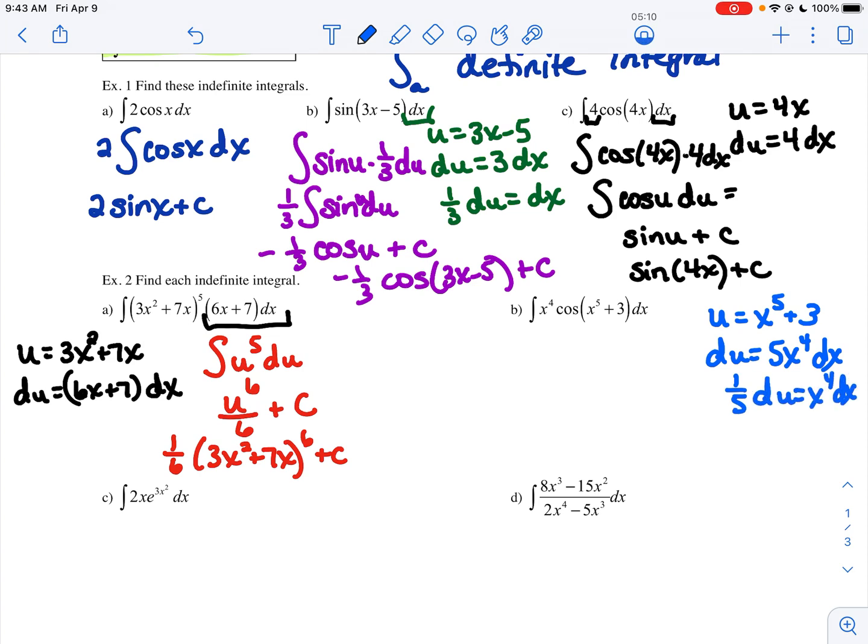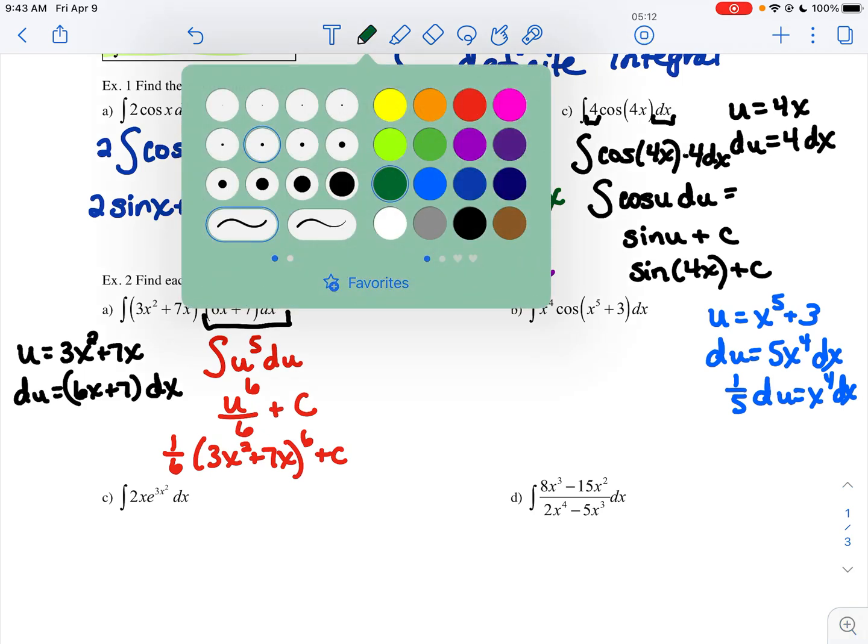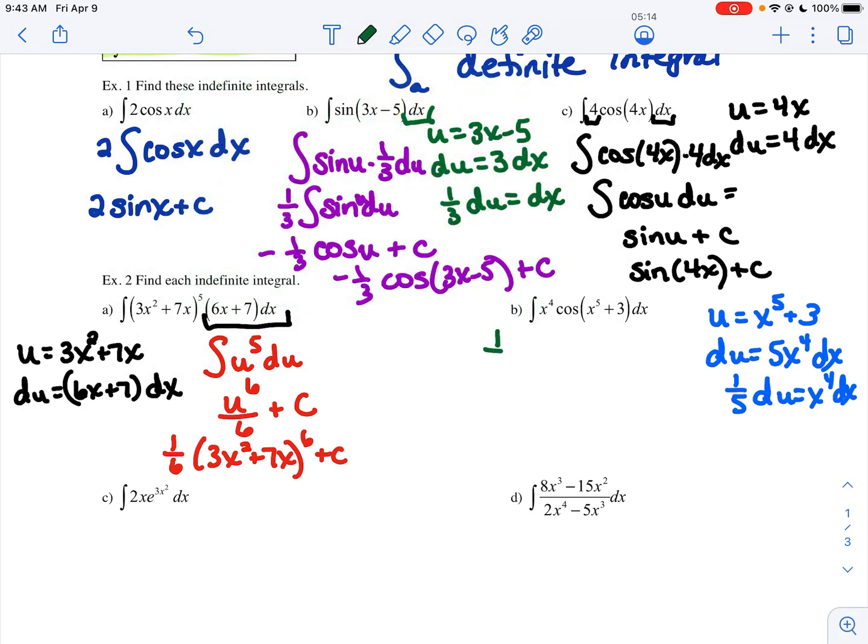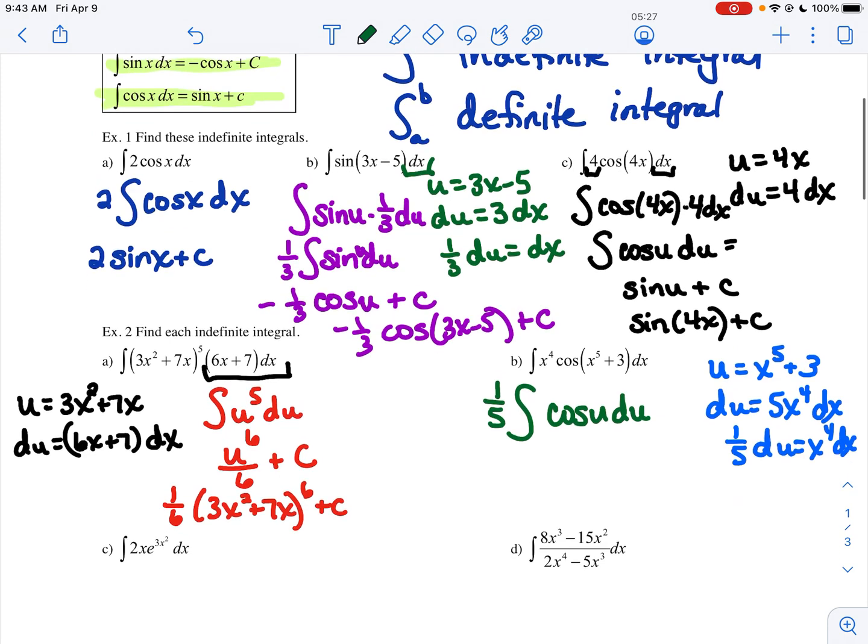So then I'm going to put my 1/5, the integral, cosine u du. So I'm going to integrate the cosine. The integral of cosine is sine. And u is my x to the 5th plus 3.